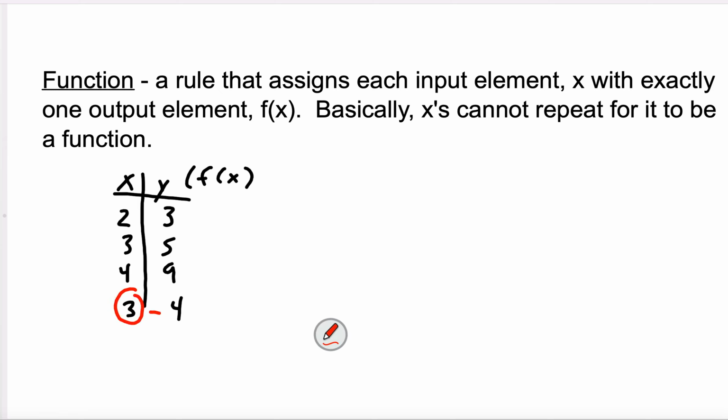You've got a 3 here with 4, and a 3 here with 5. So the 3 is repeating, so this would be considered not a function. A lot of times it's easier to understand something if we say what it's not. So basically your x's cannot repeat for a function.